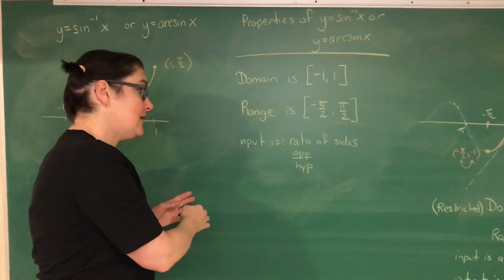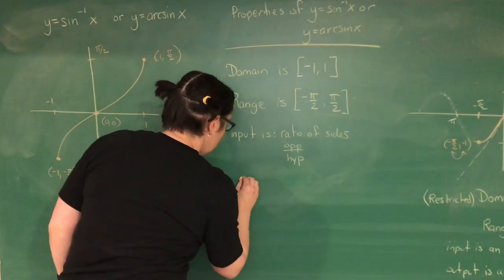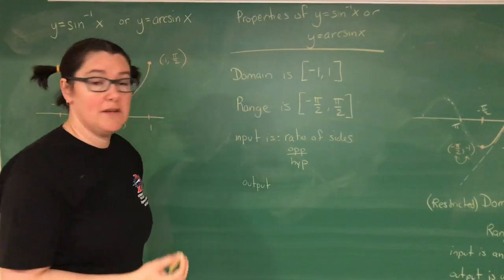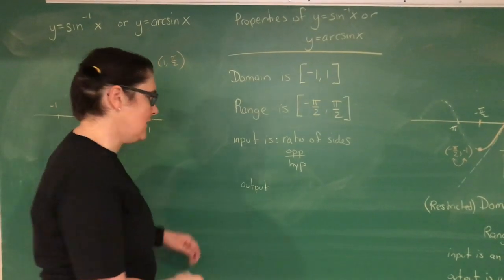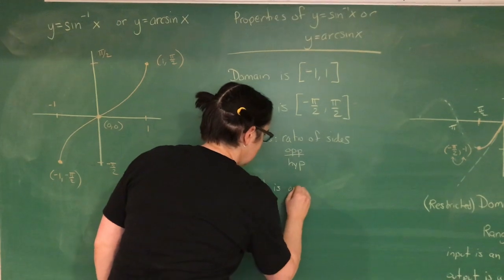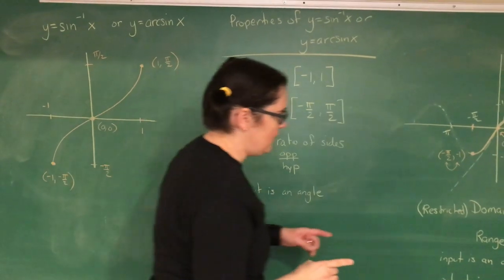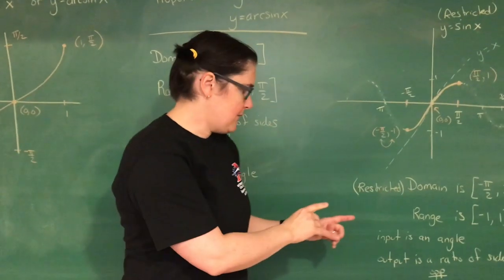So we input that into the function, and the output we get for arcsine of x or for inverse sine of x is an angle.